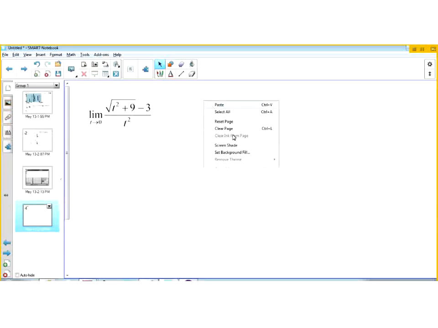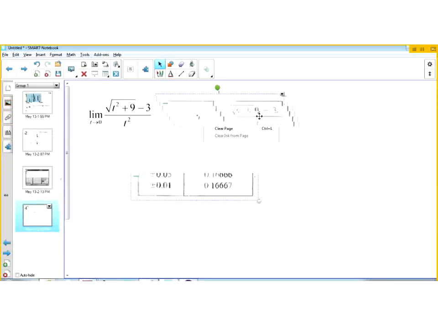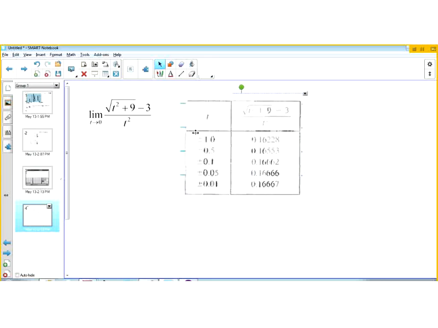So it might be worthwhile to go through and explain the information contained in this table. Notice that the values of t are defined as plus or minus. And why is that? Well, it just so happens that this function is an even function.